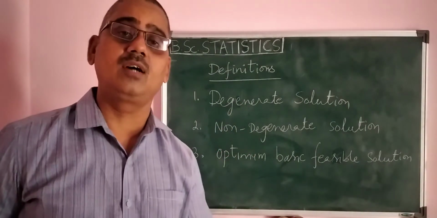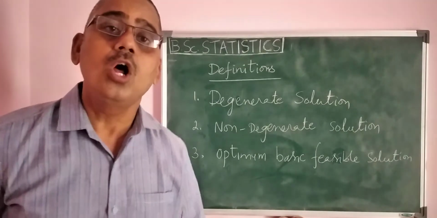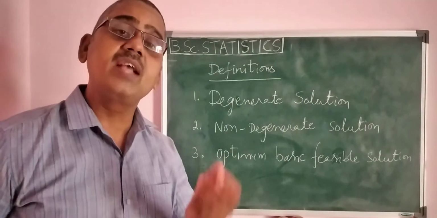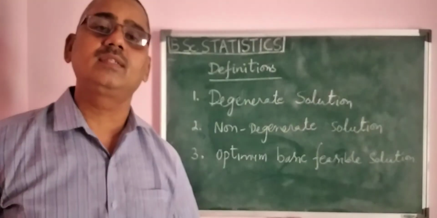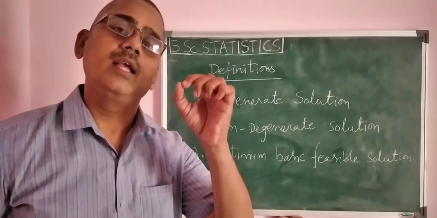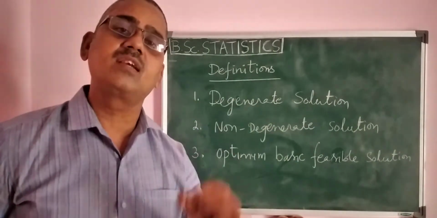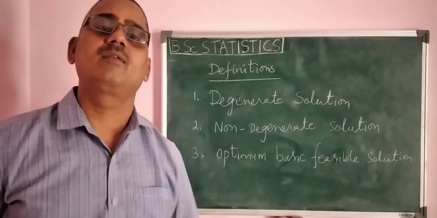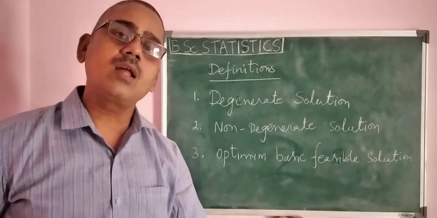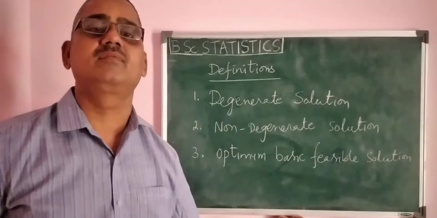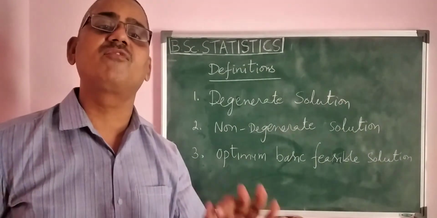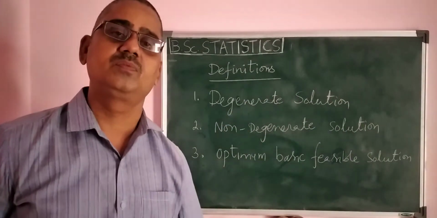Non-degenerate, of course, I need not explain, but anyhow. Non-degenerate solution. A basic feasible solution is called non-degenerate basic feasible solution if all the basic variables are positive. All the basic variables are positive.